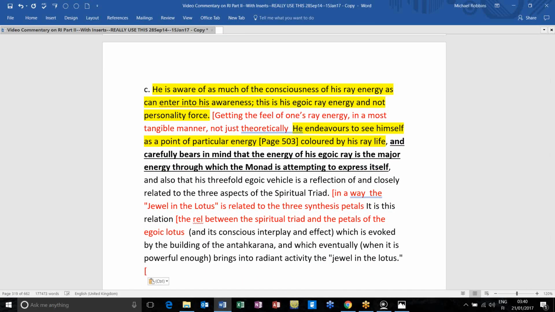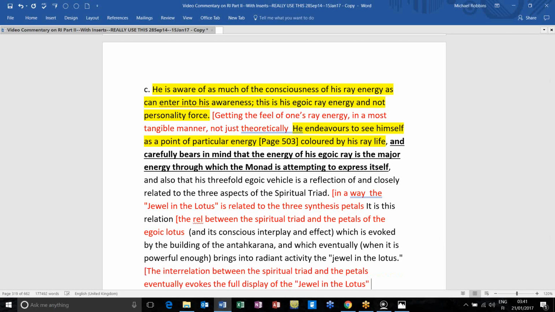In other words, the interrelation between the spiritual triad and the petals eventually evokes the full display of the jewel in the lotus.